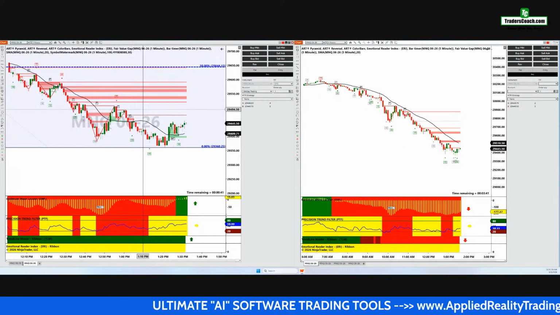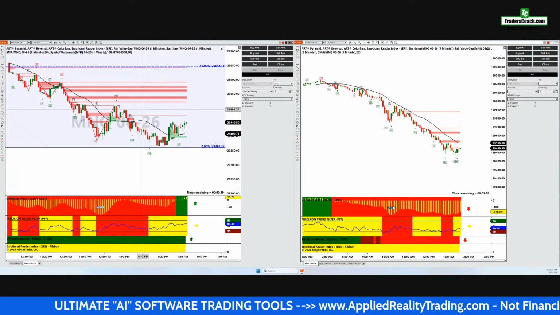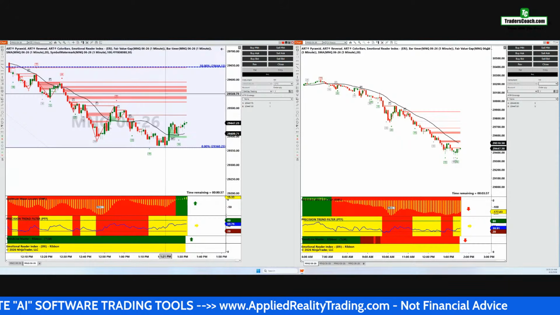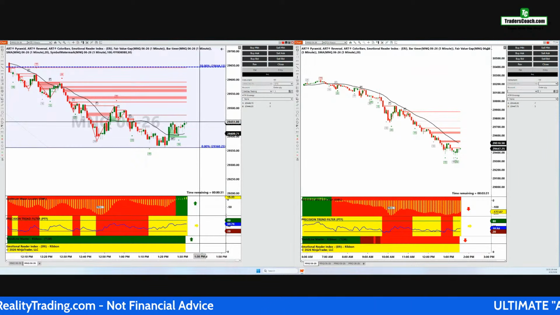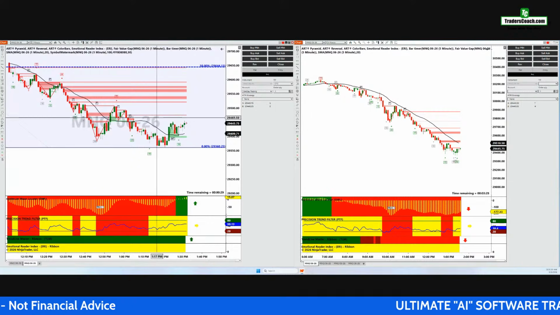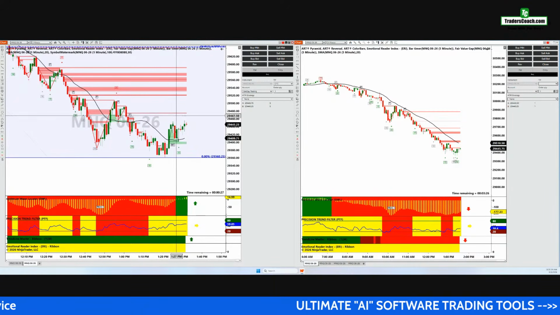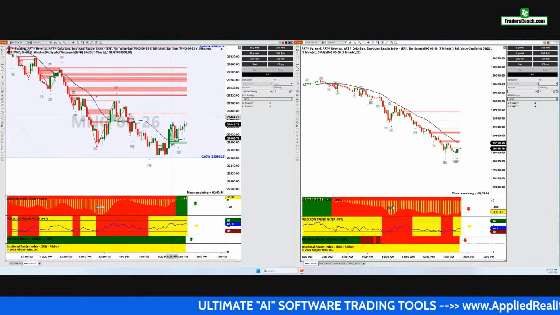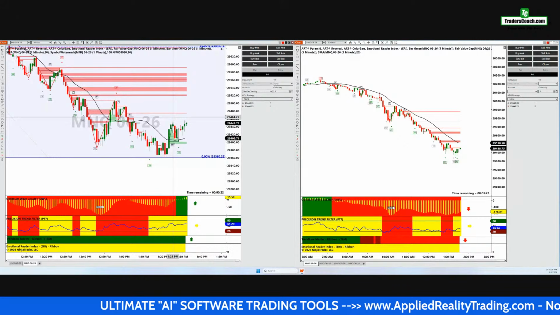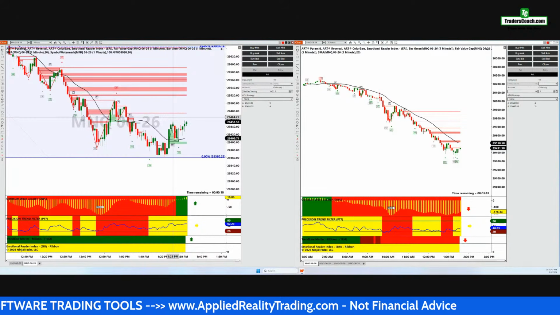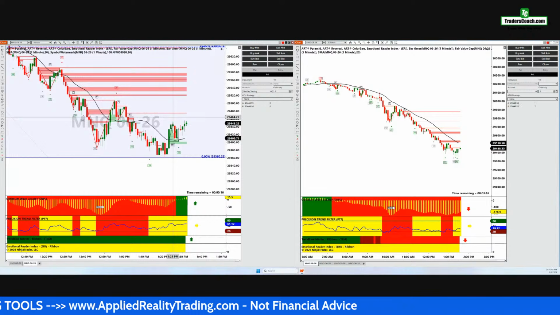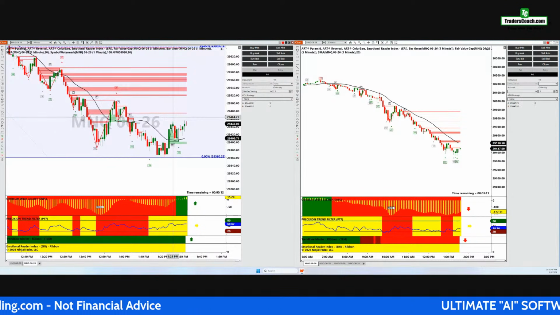Any long trade at this point has to be considered high risk. I'm not taking anything until we body above. I'm not even going to consider a long trade until we body above that bearish pyramid's flat part. Not wick above, body above. And then I may consider waiting for a pullback after that.